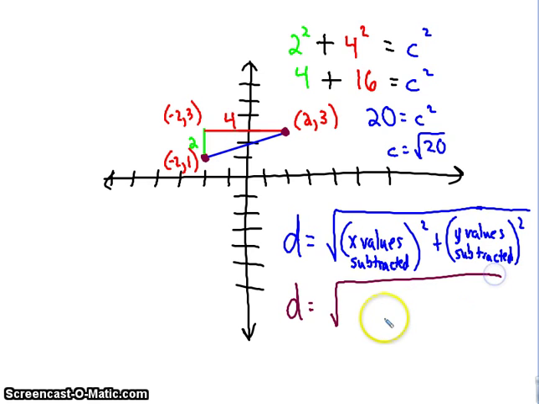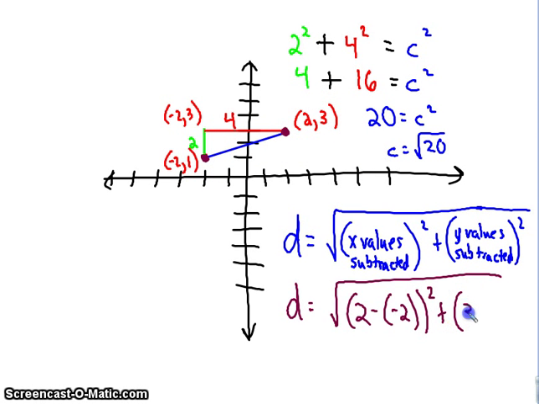Okay, so I'm going to set this up. I'm going to take the x values. This is one of the x values, so I'm going to put a 2 minus, and this is the other x value, so I'm going to put a -2. Notice I didn't get rid of the minus sign. It stayed there. Okay, squared. And now I'm going to take the y values and subtract them.